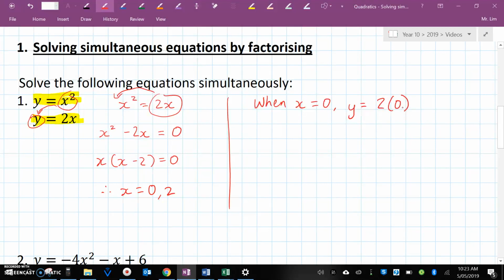I'm using the second one. 2 times 0 is 0. When x is equal to 2, y is equal to 2 times 2. Okay, again, I'm using the second one, which is equal to 4. And that's it.